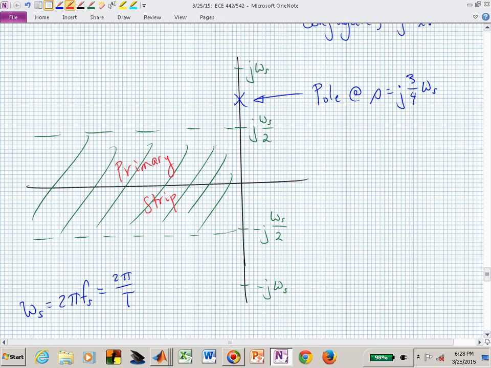Which means in a control situation, we probably want to low-pass filter our signals such that frequencies above omega sub s over 2 are attenuated and don't come back and look like something of a lower frequency that might mess us up. So you might hear of anti-aliasing filters. That's the reason those are in place.